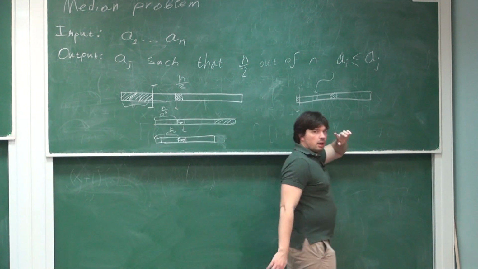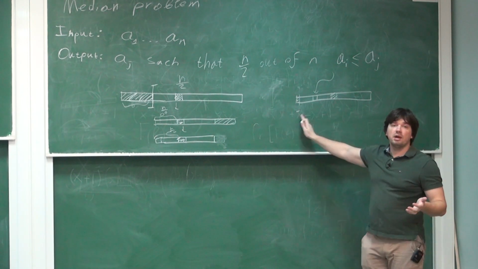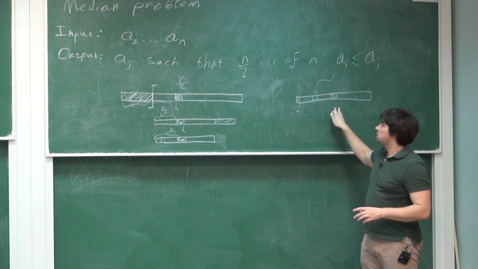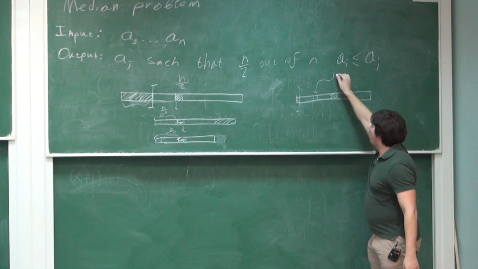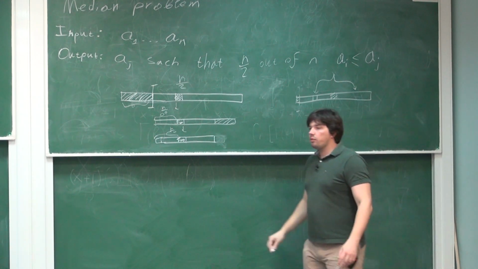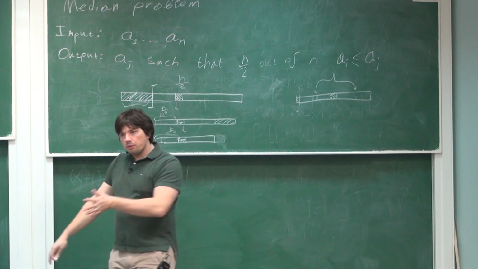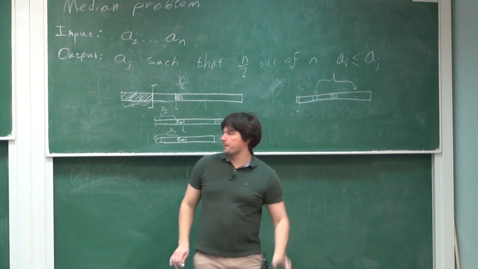It might end up to the left of my target element, my median, or it can land to the right. I will go through my array and split.